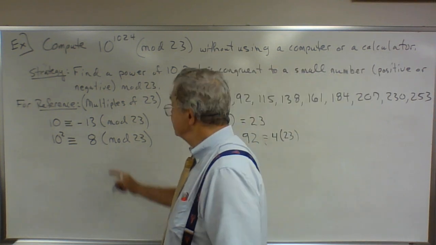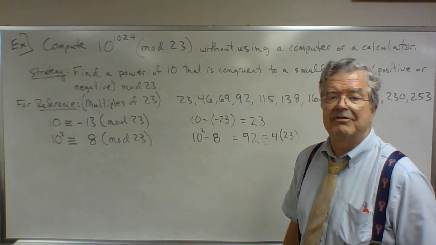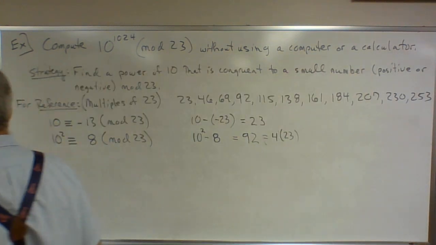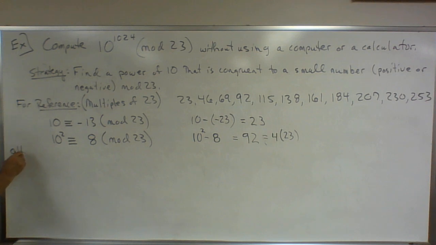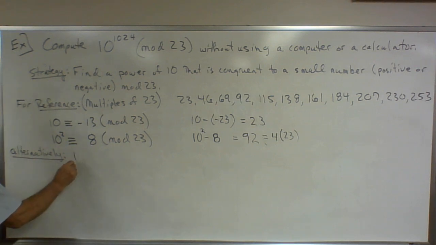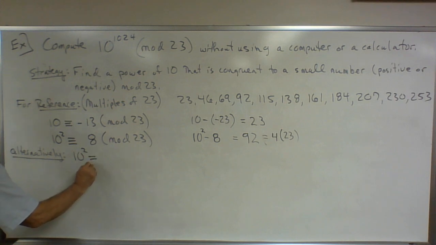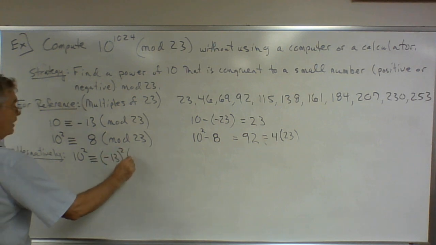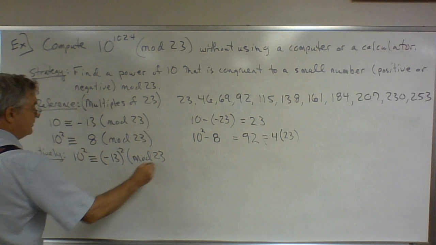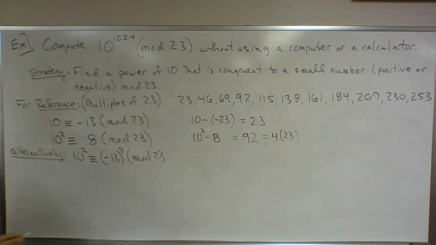Okay. Now, there was another way I could have arrived at this. Alternatively, I could have said this. 10 squared is congruent to negative 13 squared mod 23, because 10 is congruent to negative 13, so 10 squared is congruent to negative 13 squared.